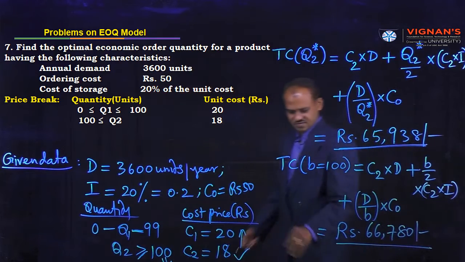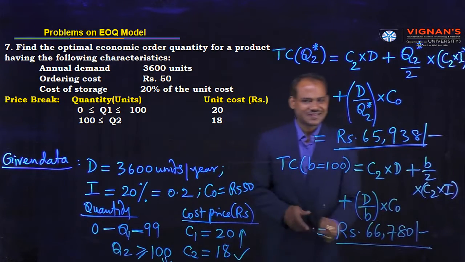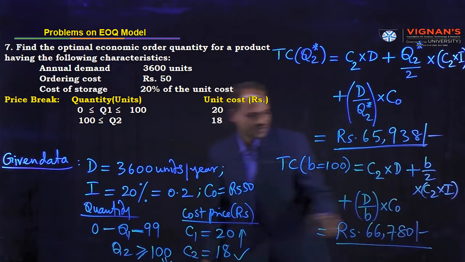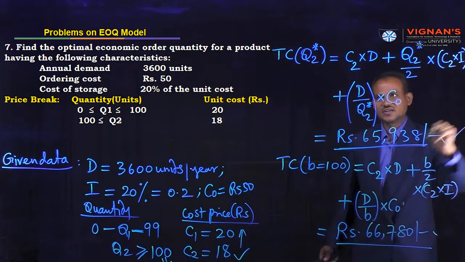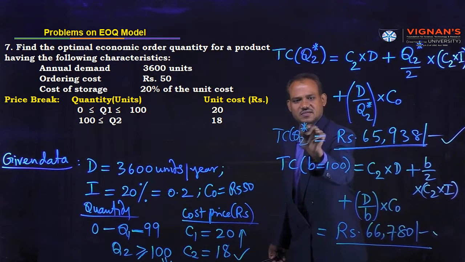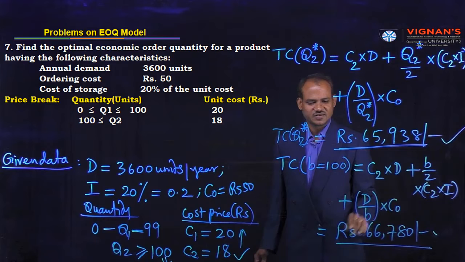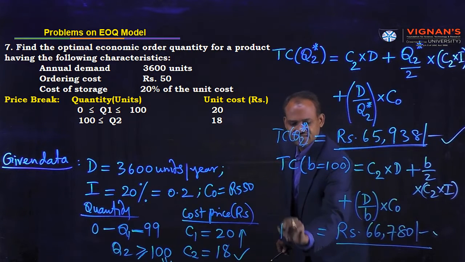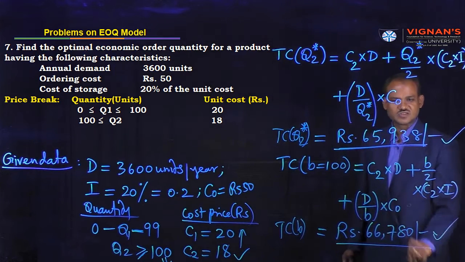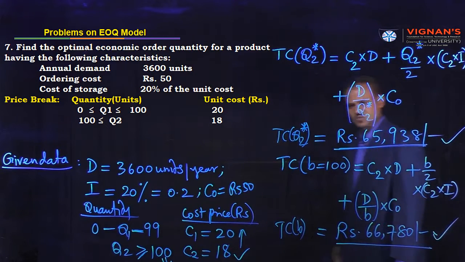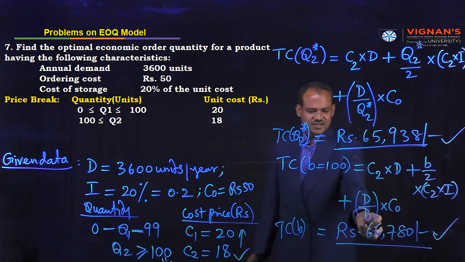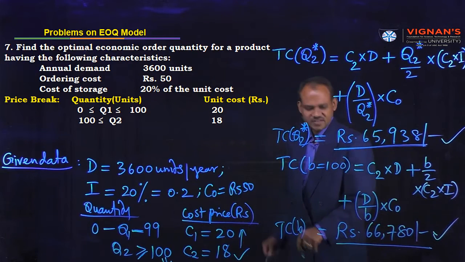Now we are going to compare these two costs. First, this is TC at Q2 star, 65,938. This is TC at break quantity B, 66,780. Compare these two costs. Which one is lowest? TC at Q2 star is less than TC at B. Write that statement.